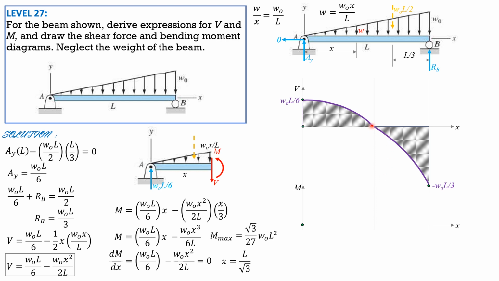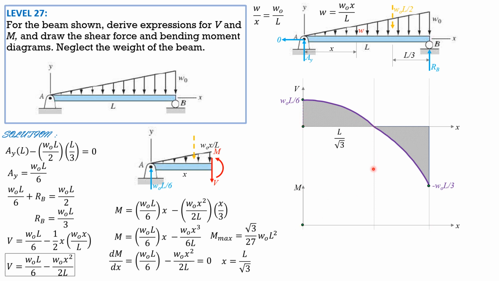For the moment diagram, take note that when shear is 0, moment is maximum. Initially the slope of the moment curve is W0L over 6. Remember, the slope of the tangent to the moment curve is the shear.